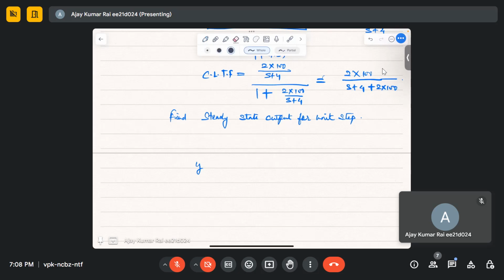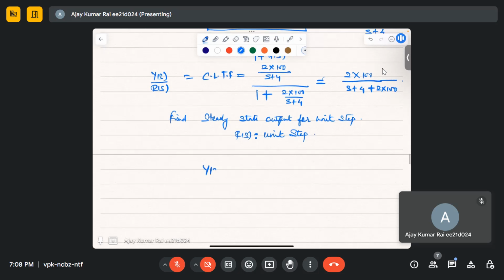So what you will get, this is your y of s by r of s, right? So this is not required, this additional I am doing. Okay, unit step.